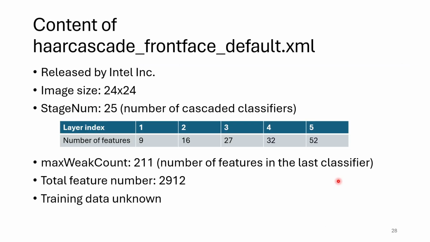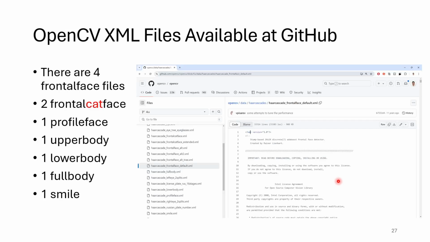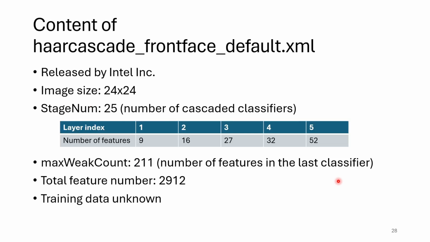As I showed you, I used OpenCV's implementation. The algorithm is the same, but the models are slightly different, because OpenCV's model was trained by Intel rather than Viola and Jones.